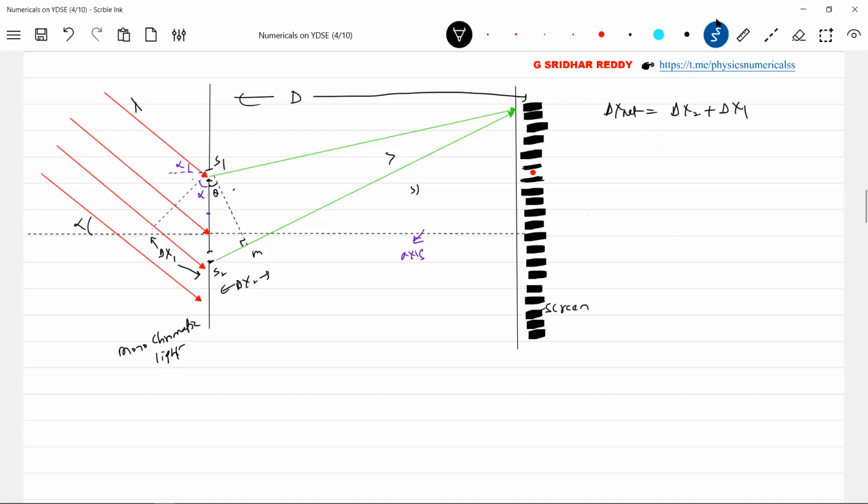So delta x2 should be equal to d sine theta. Delta x1 should be equal to small d sine alpha, from the previous problem, so I'm writing the content directly. So this will be the net path difference, n lambda, equals d tan theta plus d sine alpha.